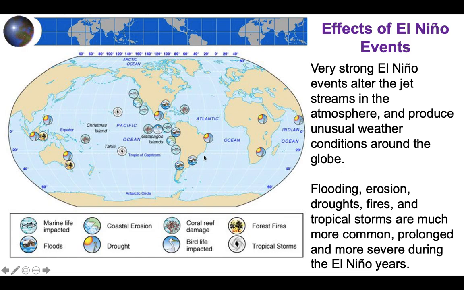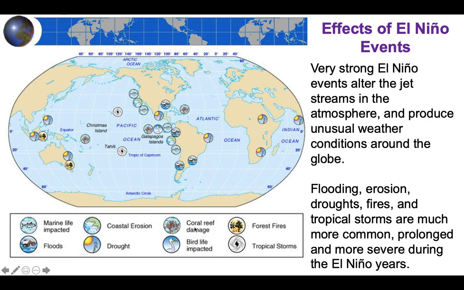If we look at this map around the world with different symbols, we see how El Nino events can affect both the ocean and the continents. So we have marine life impacted very strongly all the way around the western coastline of the South American continent, of course, along the west coast of the North American continent as well.